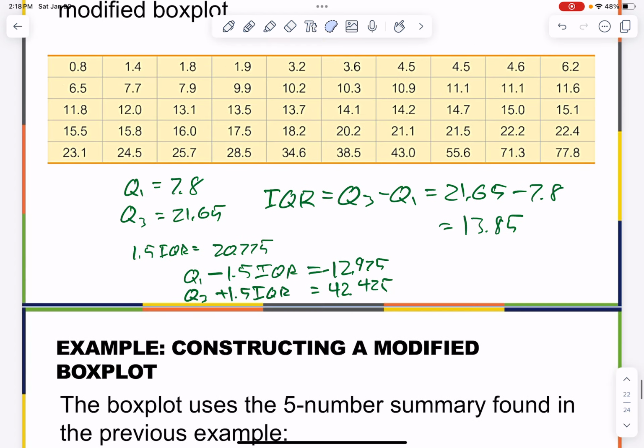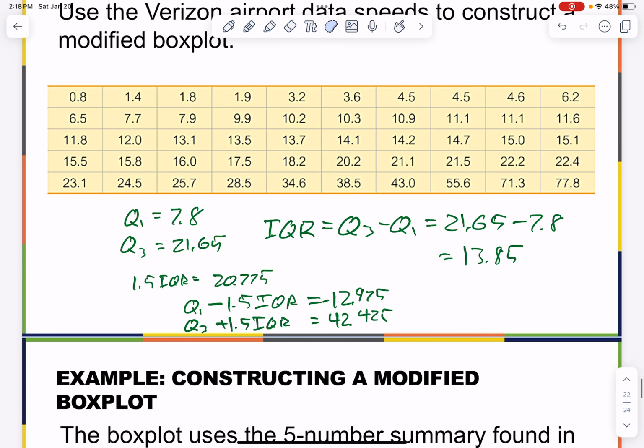Let's go back to our data set and identify which ones are outliers. There are no lower outliers because none of them are smaller than negative 12.975. So no lower outliers. But what about upper outliers?